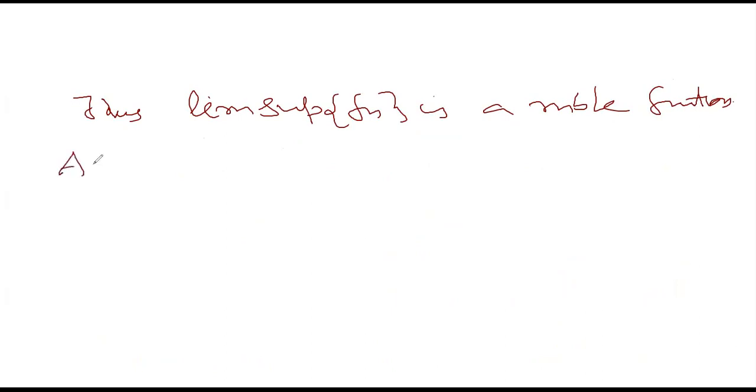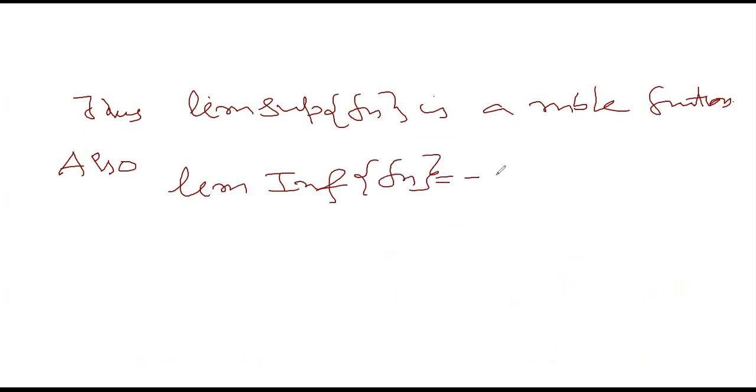Also, what's the limit inferior? The limit inferior of fn is equal to minus the limit superior of minus fn. But the limit superior of fn is measurable, therefore the limit superior of minus fn is also measurable, and minus times a measurable function is again a measurable function.